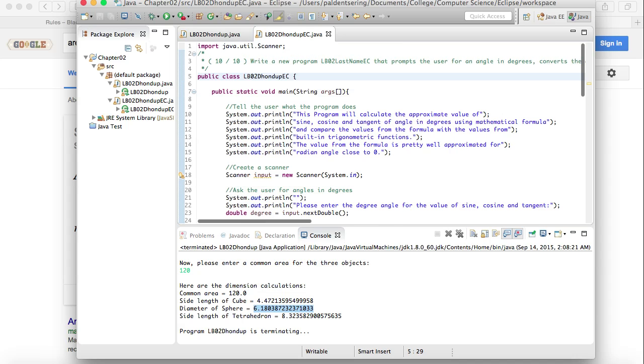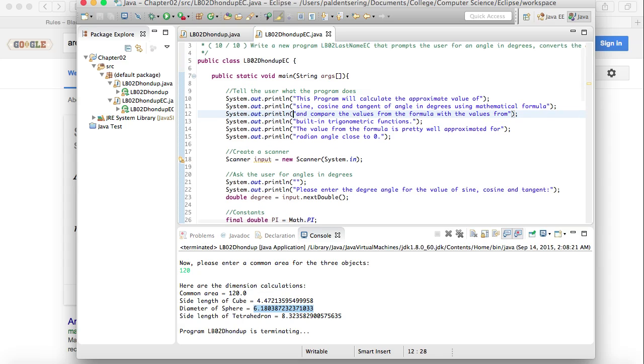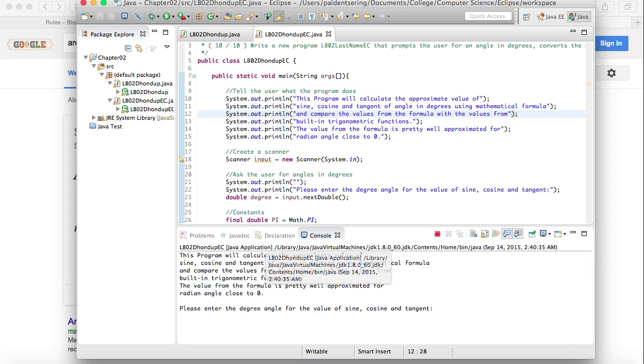The first thing, after you start the program, is it's going to say what the program does. It's going to calculate the tangent, sine, and cosine using the formula, and compare it with the values from the built-in trig functions.